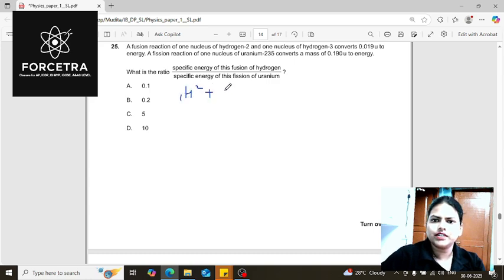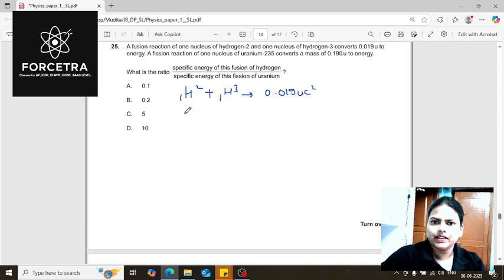So in this fusion reaction, H 2 is reacting with one nucleus of hydrogen 3. So it is giving energy of 0.019 u c squared, because this is the energy, mass into c squared.